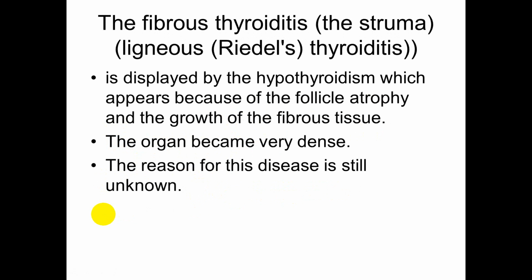Fibrous thyroiditis, or struma, or Riedel's thyroiditis, is displayed by hypothyroidism, which appears because of follicular atrophy and the growth of fibrous tissue. The organ becomes very dense. The reason for this disease is still unknown.